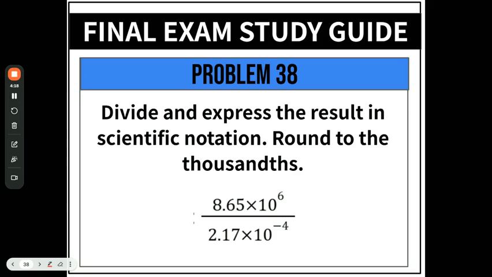Problem 38. Divide and express the result in scientific notation. Round to the thousandth. Okay, same thing here. As is, it looks a little confusing and daunting to calculate, but I'm going to regroup it to make it easier for myself.